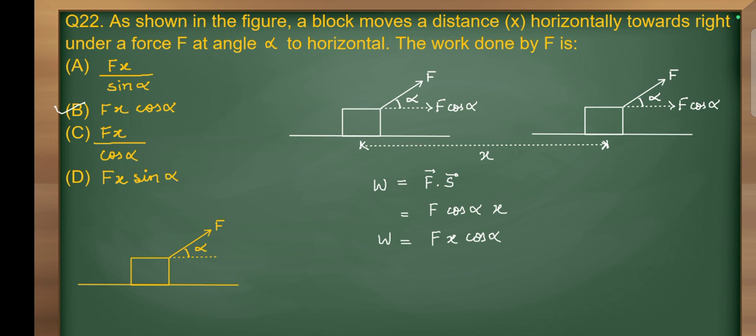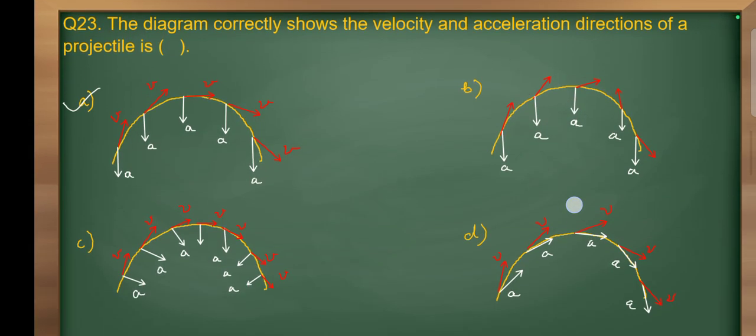The angle between force and displacement is alpha, so the component of force along displacement will be F cos alpha. We will put the values of force and displacement, that is F cos alpha into x, so work done will be Fx cos alpha. Option B is correct.